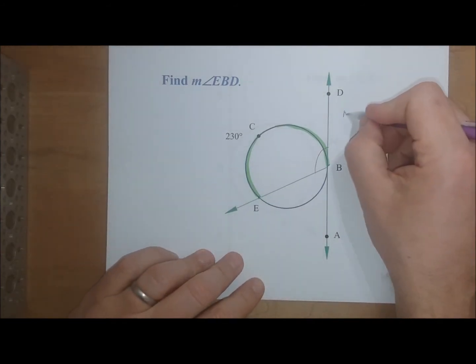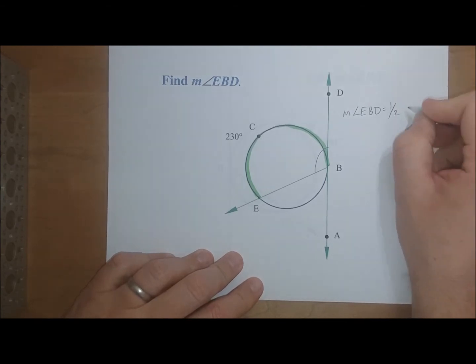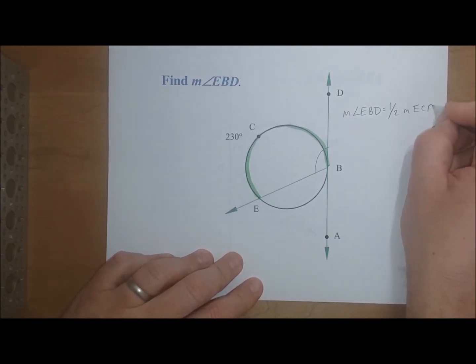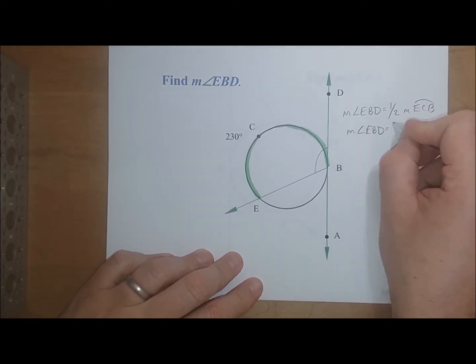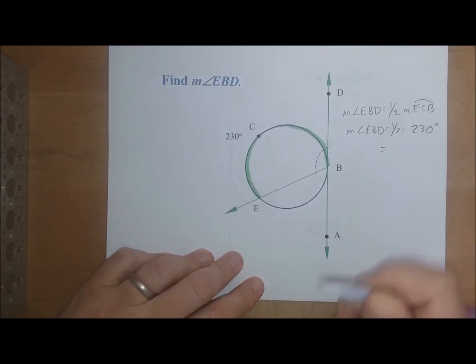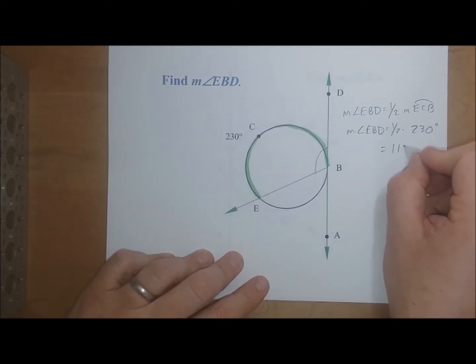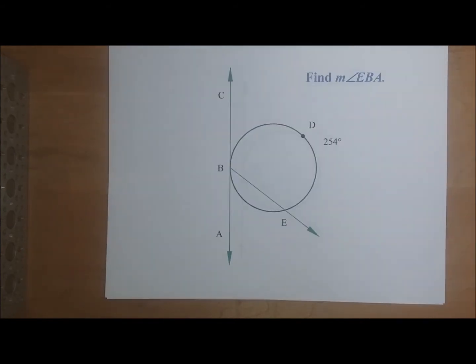So the measure of angle EBD is going to equal 1/2 the measure of arc ECB. In other words, 1/2 times 230 degrees, which is going to be 115 degrees. Good.